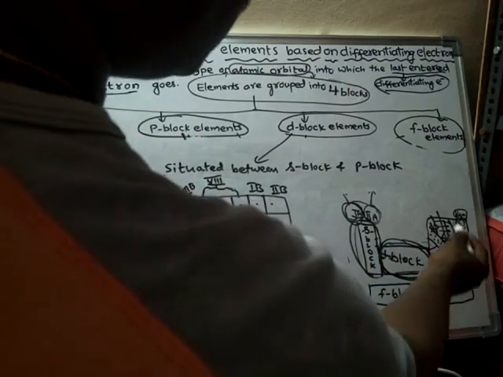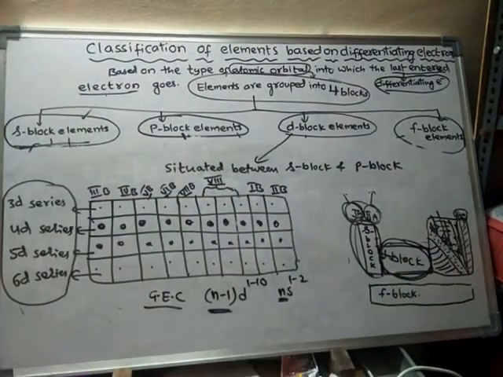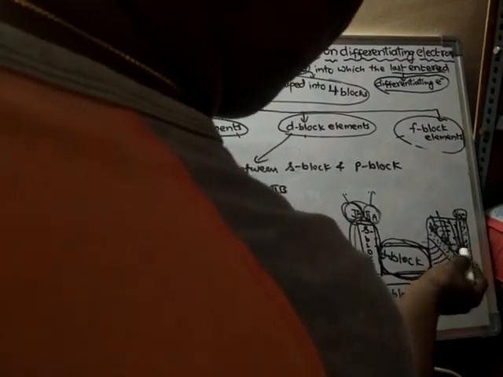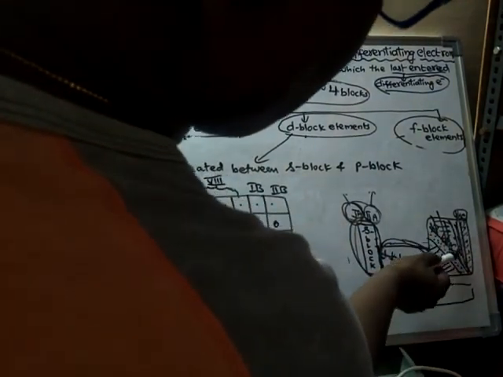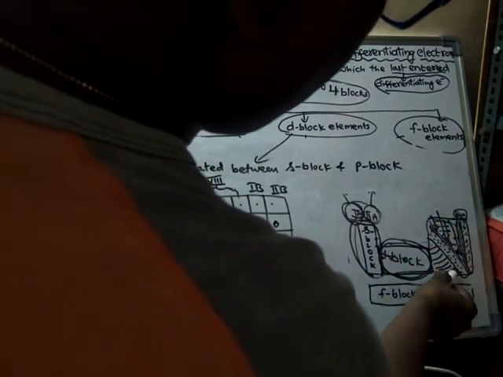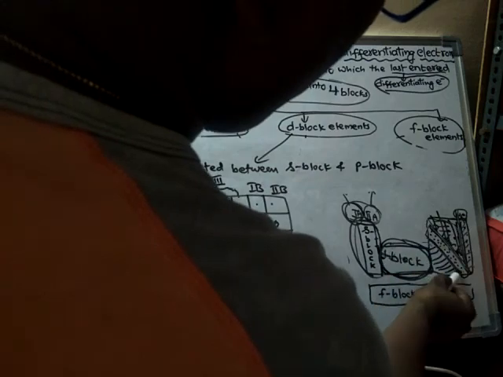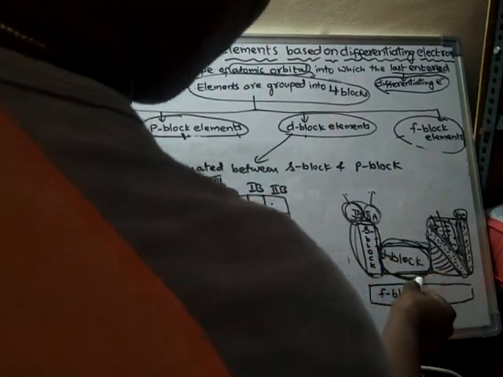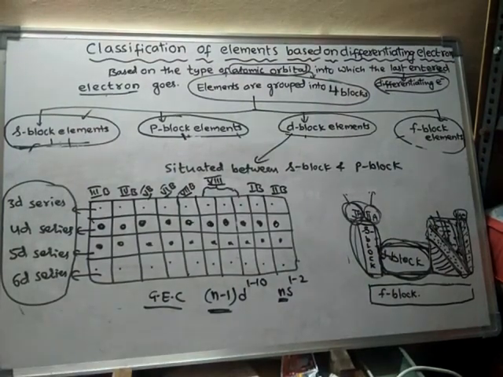So altogether in P block there are 4 types. At the extreme end, inert gases. This portion is the non-metal portion, this portion is metalloid, and this portion is weak metals. And all the D block elements are weak metals.